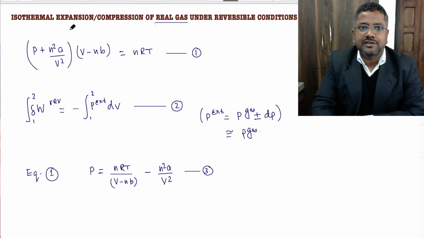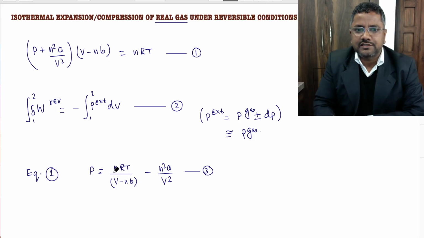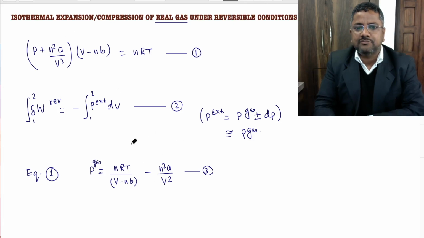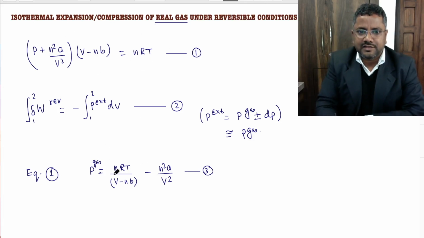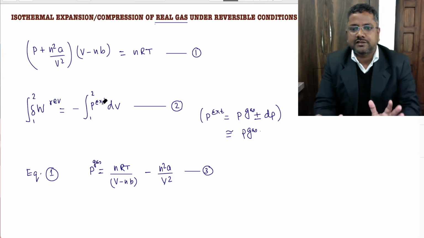Temperature is constant, isothermal, meaning T is constant, R is constant, n is constant, b is constant, a is constant. The only variable here is V, and P also. So you rearrange this equation for the pressure of the gas. What is the concept?